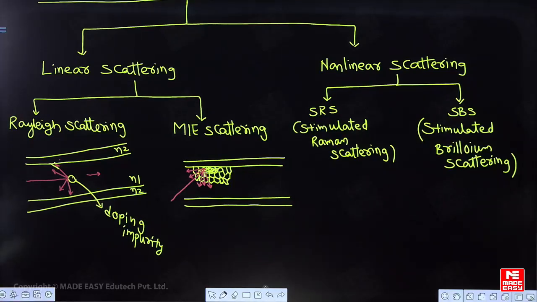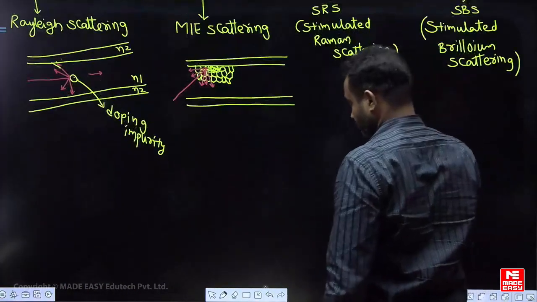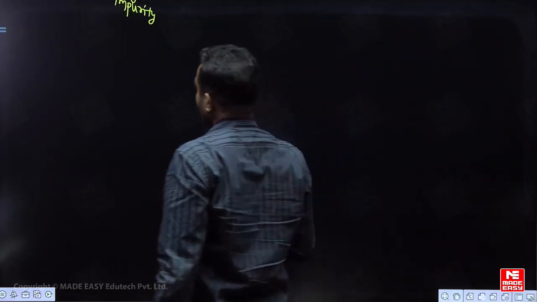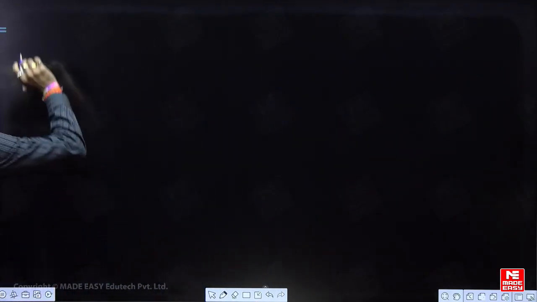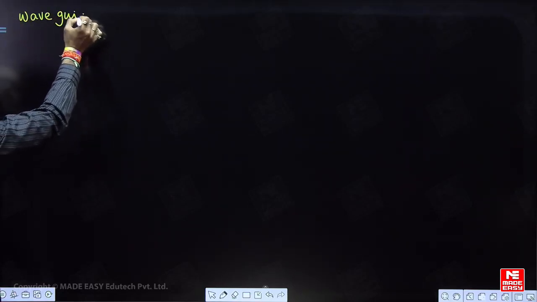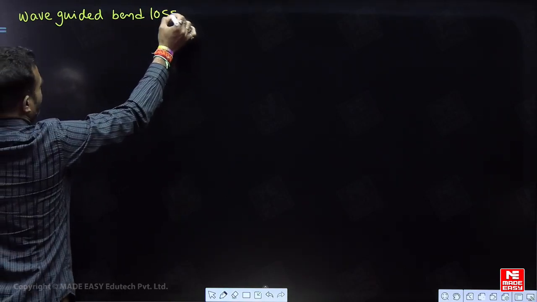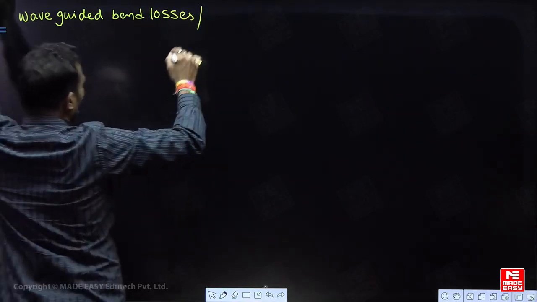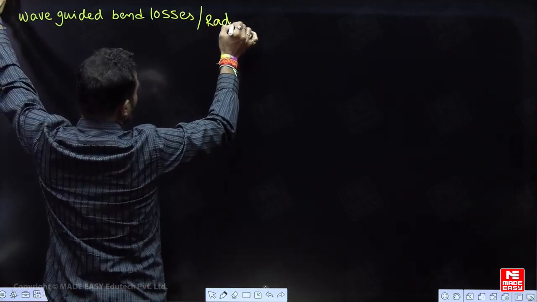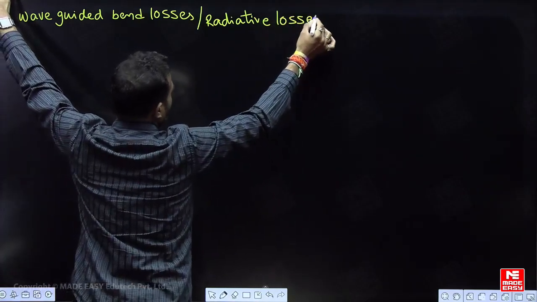Next one is called waveguide bend losses. Waveguide bend losses are also called radiative losses.